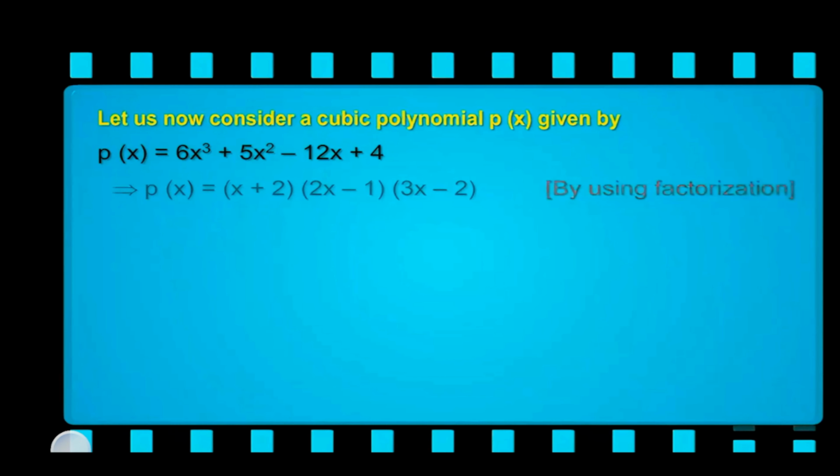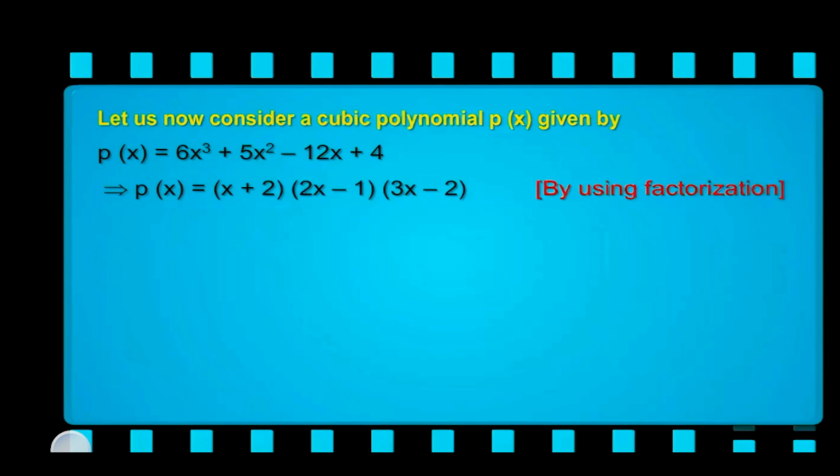Let us now consider a cubic polynomial p of x given by p of x equal to 6x cubed plus 5x squared minus 12x plus 4. By factorization, we get p of x is equal to x plus 2 into 2x minus 1 into 3x minus 2. For finding the zeros, put p of x equal to 0.